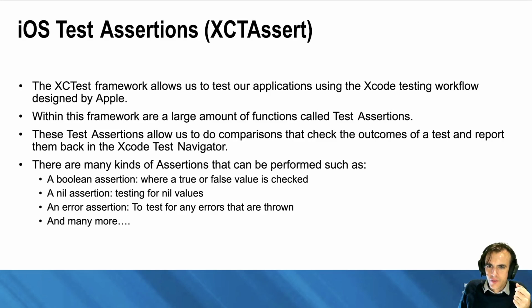And all of this is reported and integrated into the Xcode test navigator. Some of the kinds of assertions that we have access to are things like Boolean assertions, where you can check that a value is true or false. You can check whether something's nil. You can check whether an error has been thrown. We've seen many places where we have code that throws errors, like our decoding when we're using the Codable functionality that we've worked with, and there's many more.